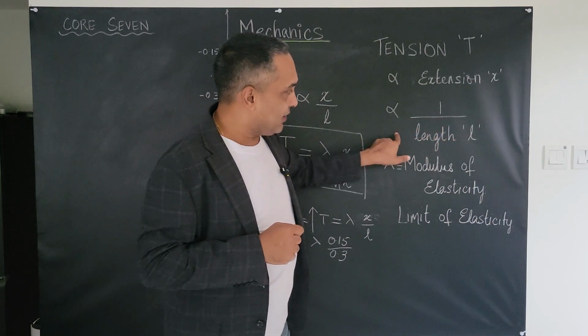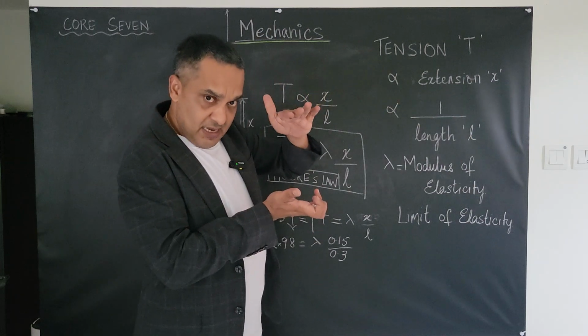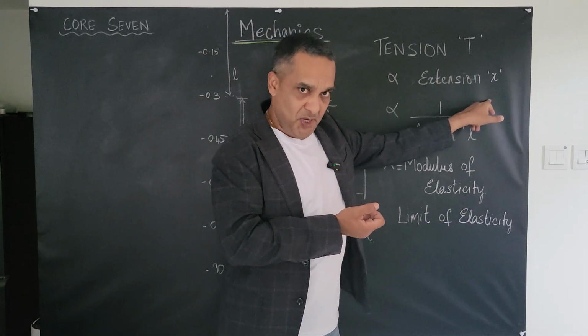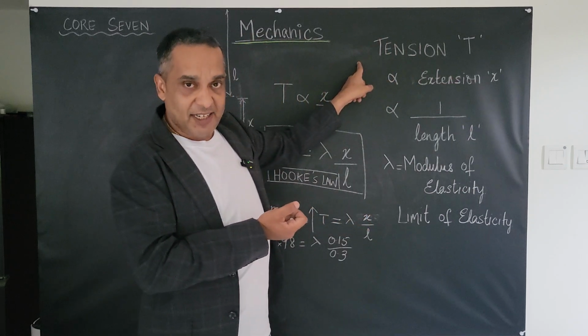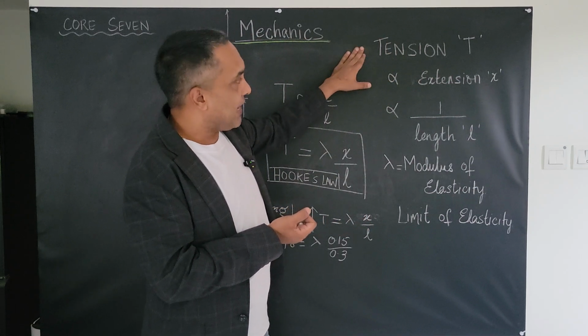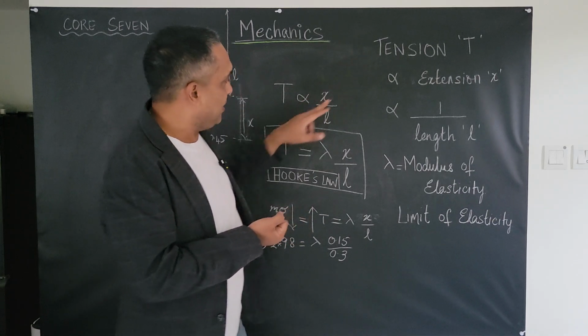The original length of a spring, L, when squeezed, gets compressed by a compression X. It reacts by providing a thrust in the case of a spring that is compressed. In the case of a string that is stretched, the reactive force is called tension.